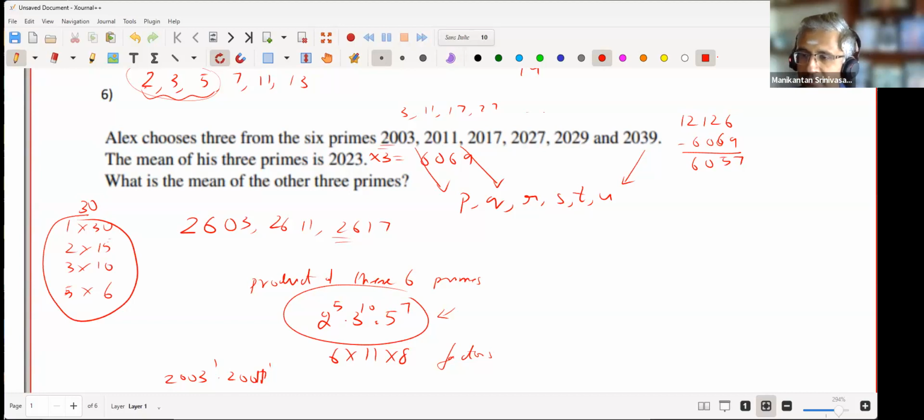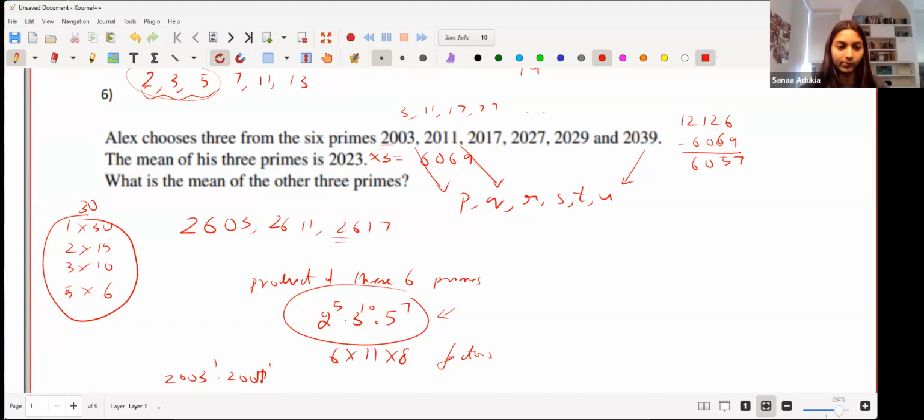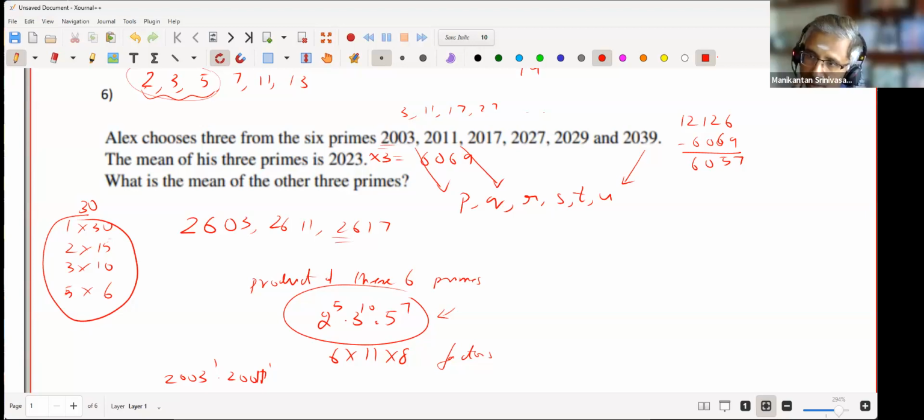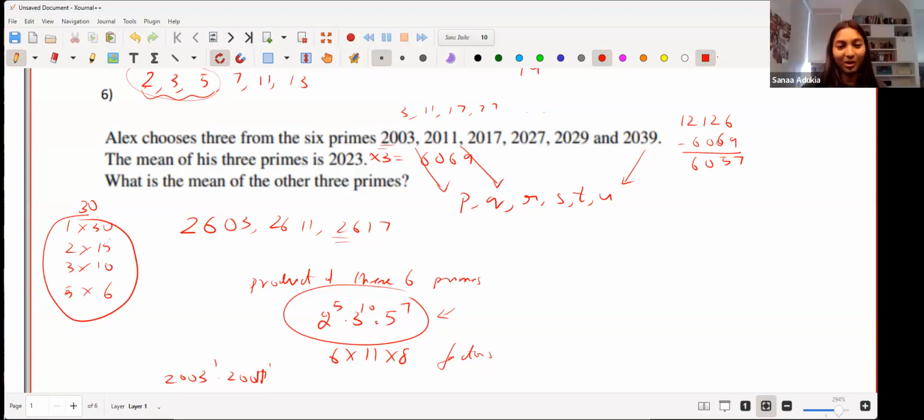Sana, can you take this? If you square the number, then it has 2 times the amount of factors. Is it? No, not 2 times, but is it multiplied by 2?